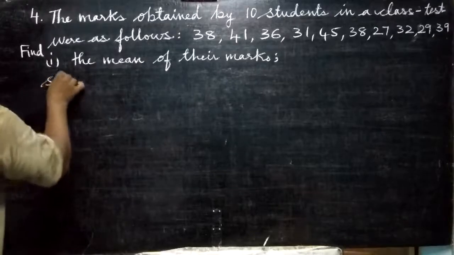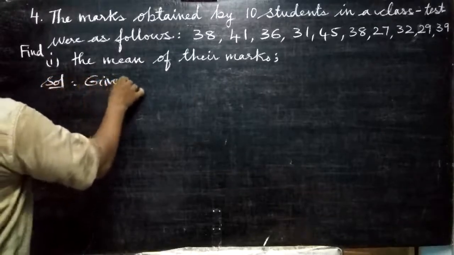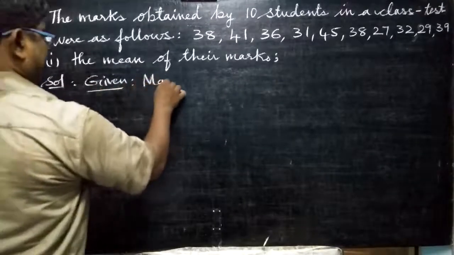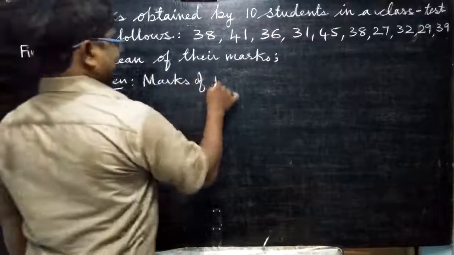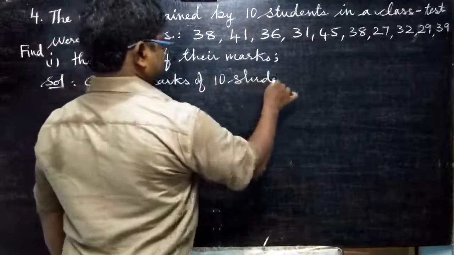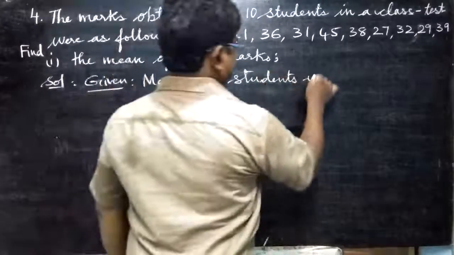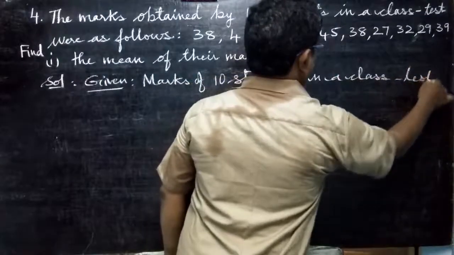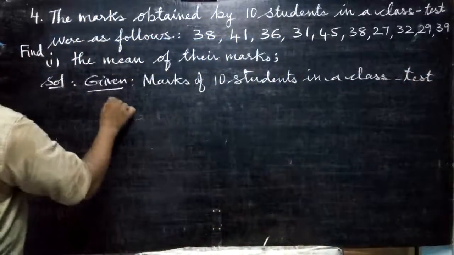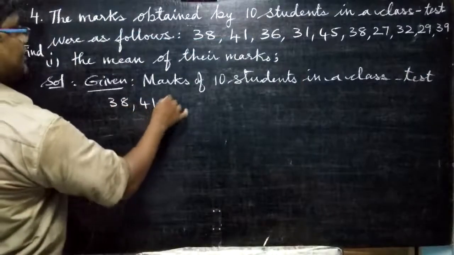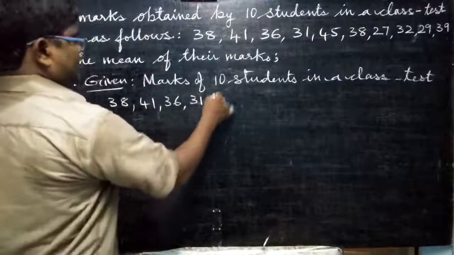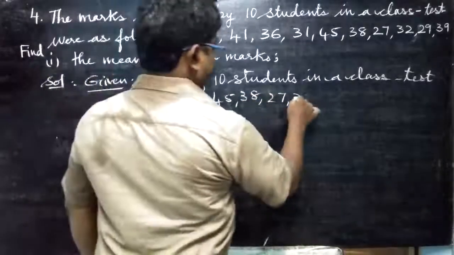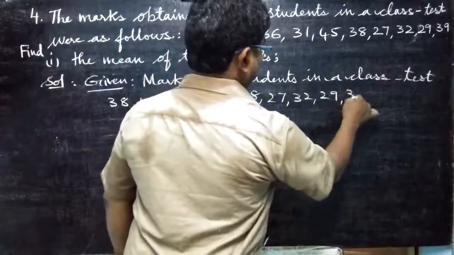So solution. Given marks of 10 students in a class test: 38, 41, 36, 31, 45, 38, 27, 32, 29, 39.